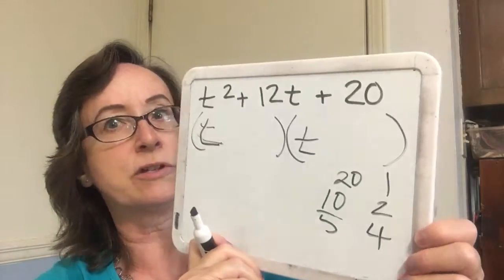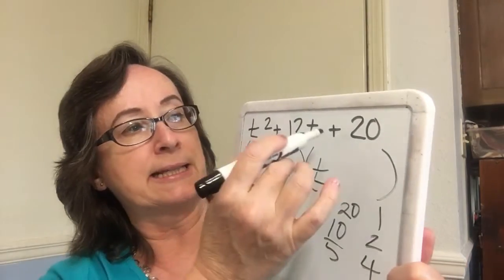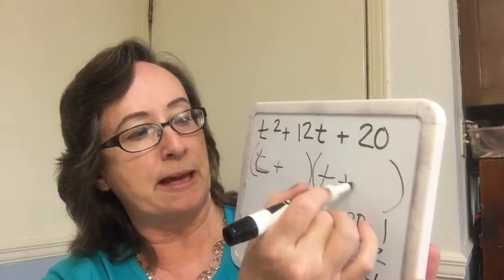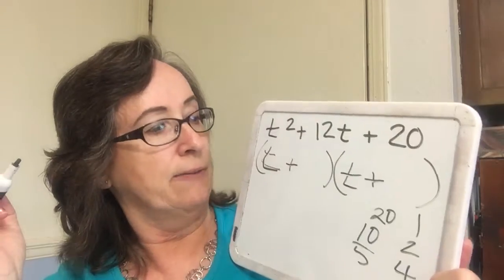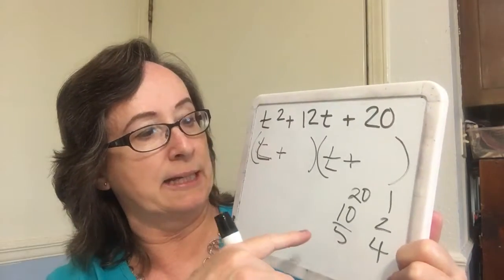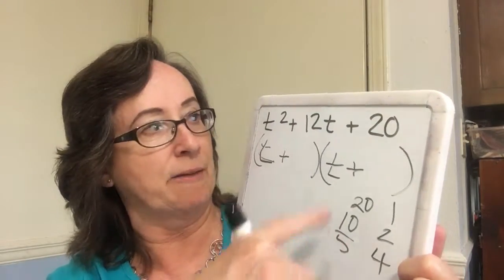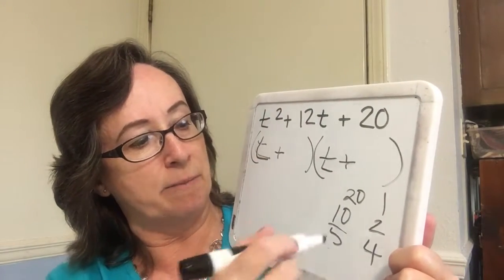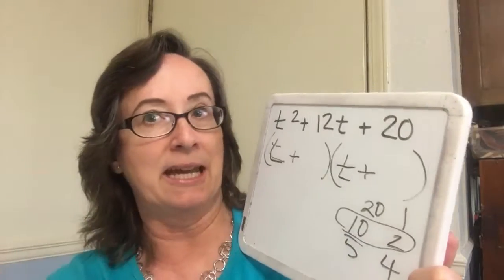Those are my factors of 20. And then I'm looking, since I have a positive and a positive, I have same sign, both positive. And then the last thing I do is pick which one of these is going to give me a sum of 12. So I look for a sum of 12, and it would be 10 and 2.